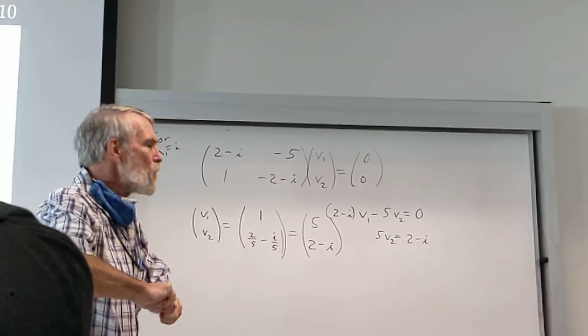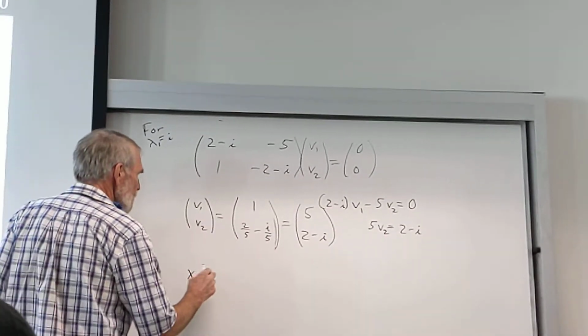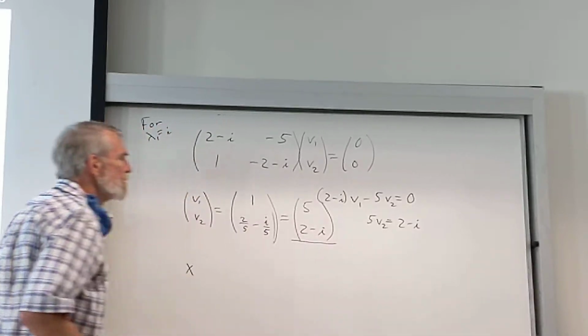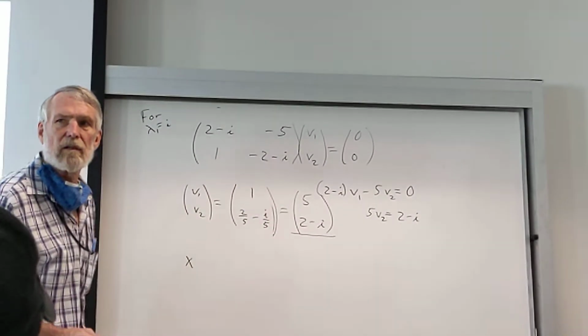So, what are we going to do with this? Well, let's write our complex solution based on this eigenvector. And by the way, you can check that this would be an eigenvector for that. All right?